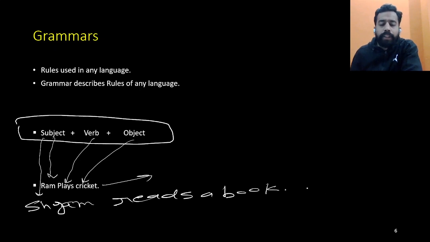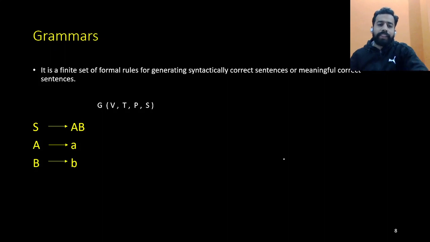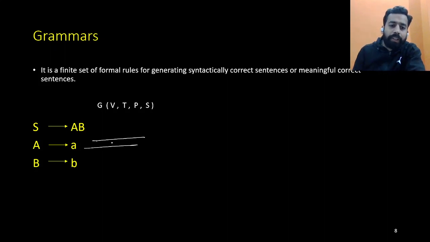So, Sham reads a book. It is another sentence. By using this rule, you can create as many sentences as you want. It is the same in computer science. This is how we use a grammar.